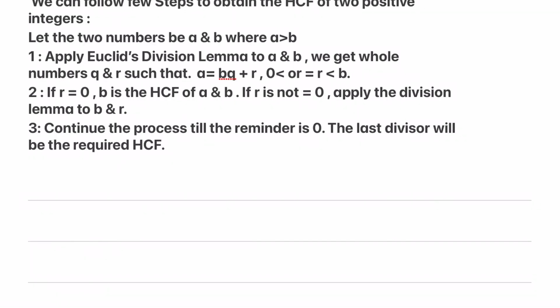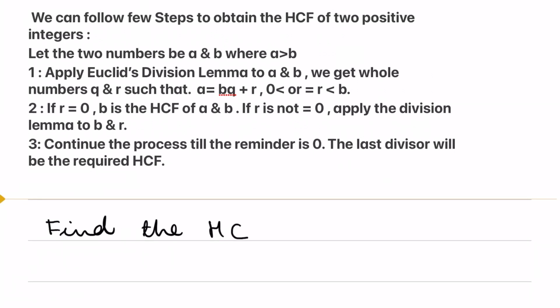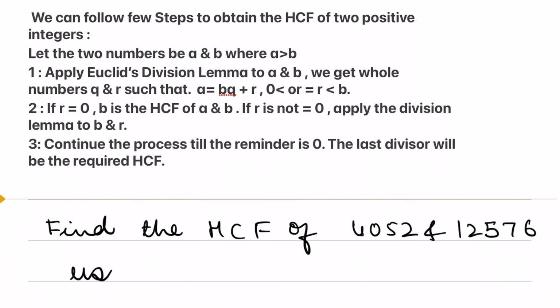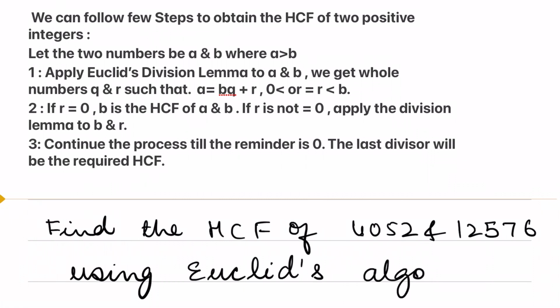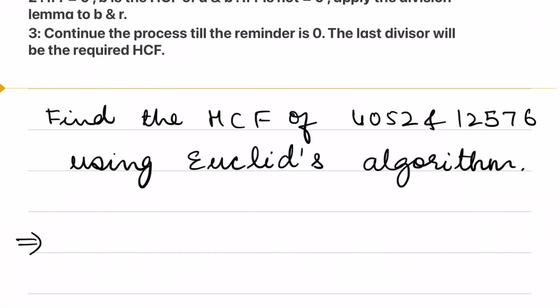Let's do one more example here. Let's find the HCF of 4052 and 12576 using Euclid's algorithm. We know 12576 is greater than 4052.